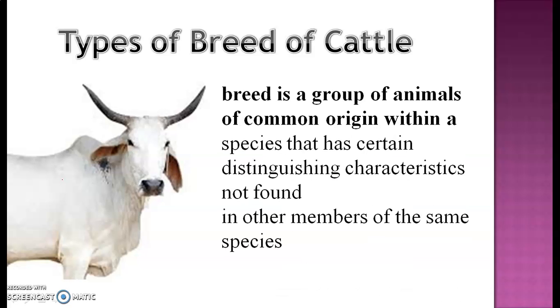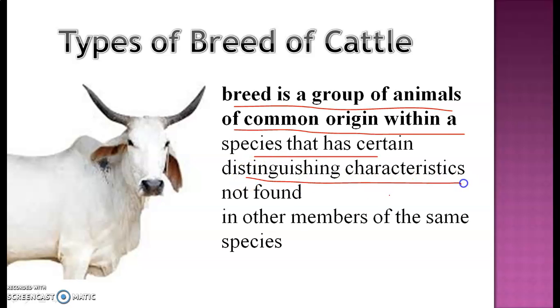A breed is a group of animals of common origin within a species that has certain distinguishing characteristics not found in other members of the same species. That is known as a breed: a group of animals having a common origin.